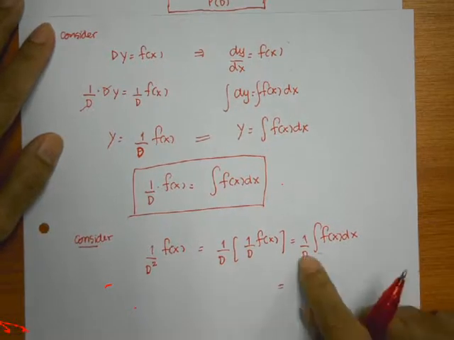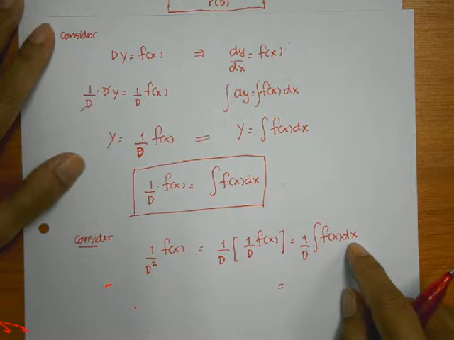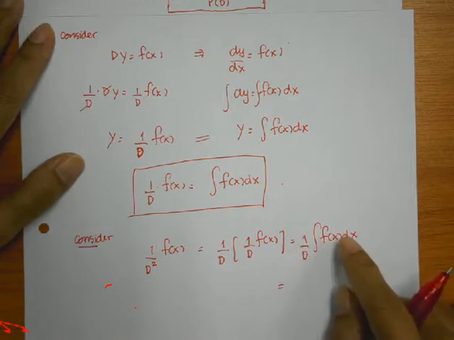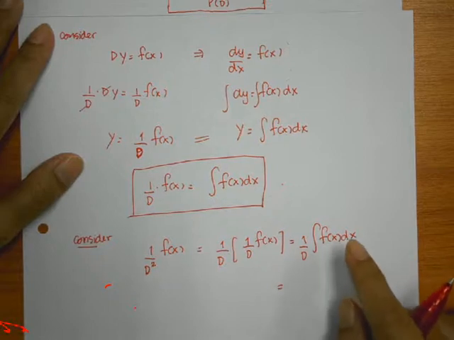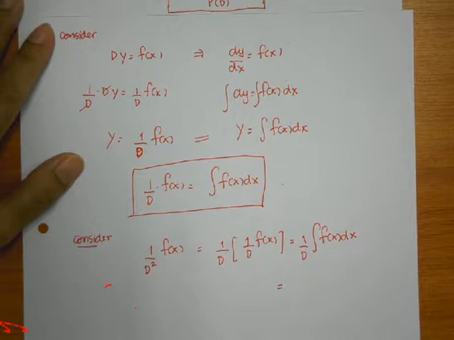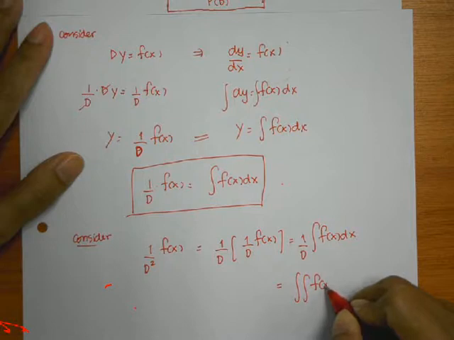And the integral of f(x) dx is equal to another function of x, for example g(x). So 1 over D times g(x) is equal to the integral of g(x) dx. That means it becomes a double integral.